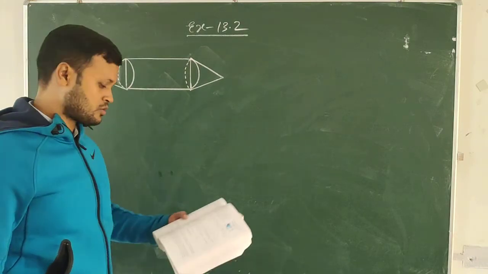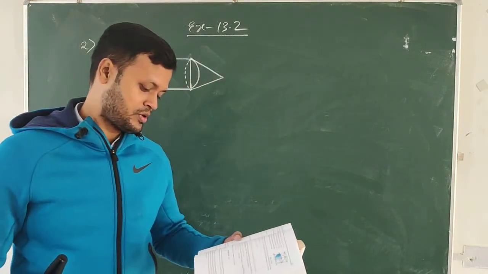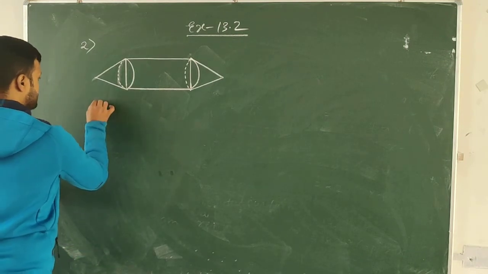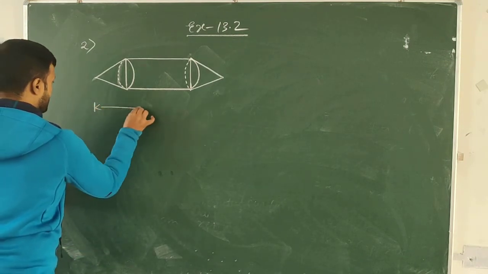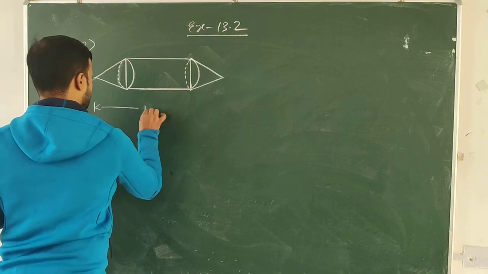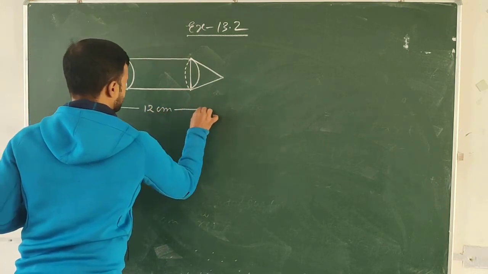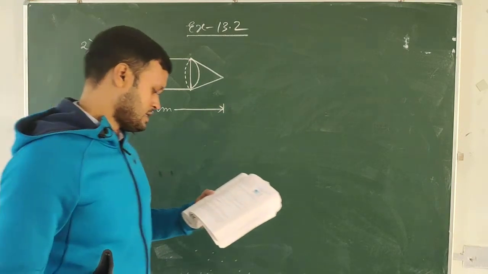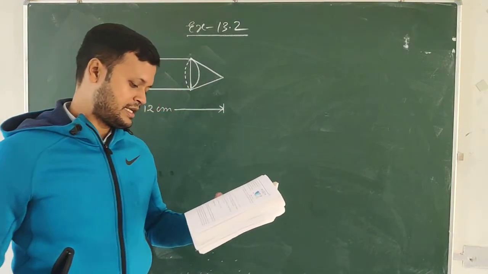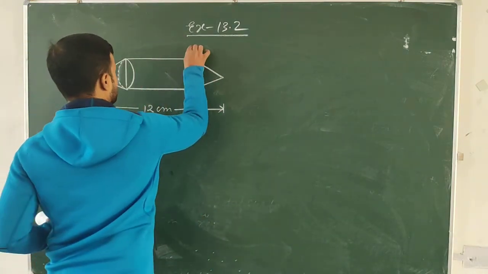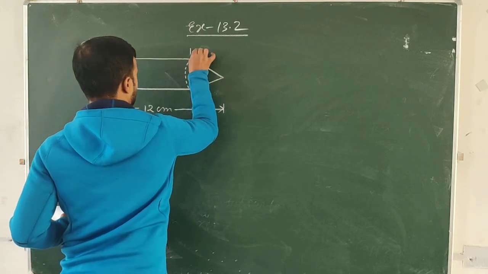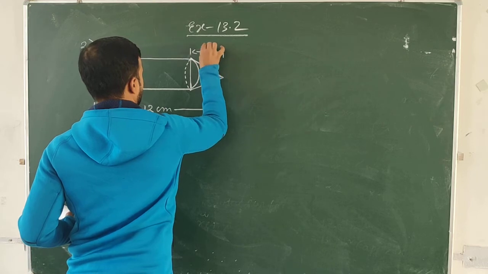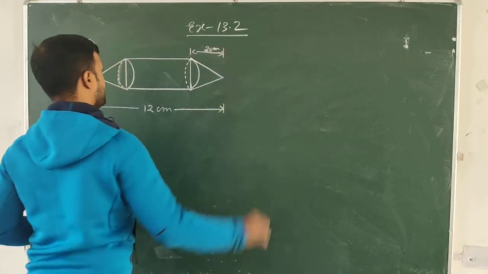Without this diagram, we are not going to understand. So, for the proper understanding, we must do the diagram. So, the total length of the model is how much? Total length of the model is 12 cm. And each cone has a height of 2 cm.